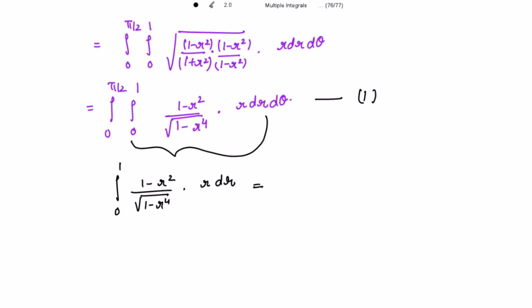This is equal to, just multiply this r with the numerator, giving r minus r cube.